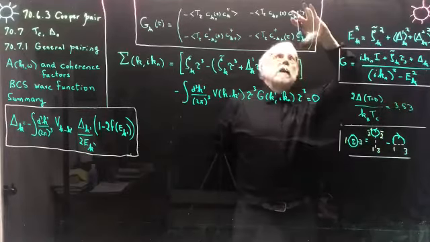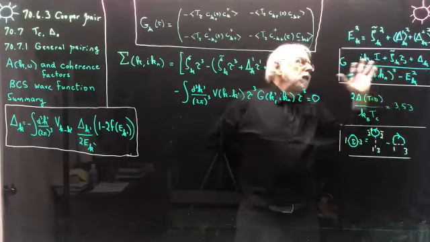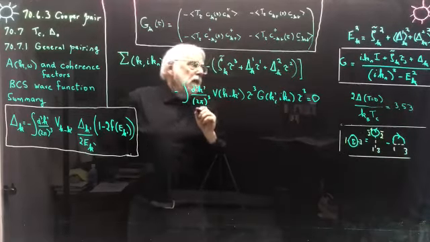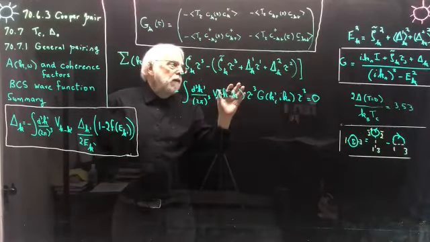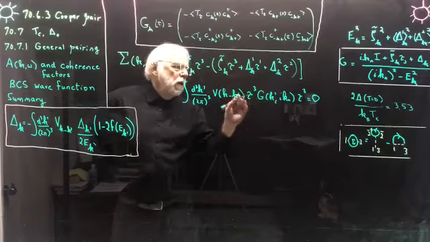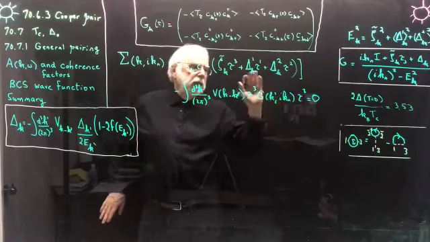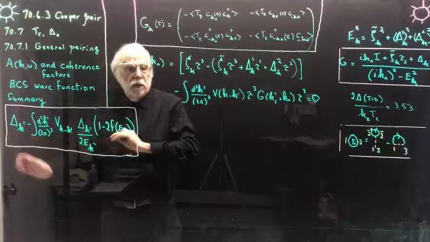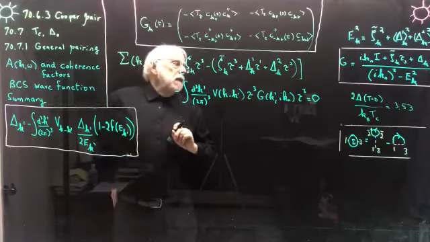So this now is equal to this. Oh, and I forgot the gap. Yeah. So once you do this for the off-diagonal components, you get this gap equation. That's the gap equation for BCS.